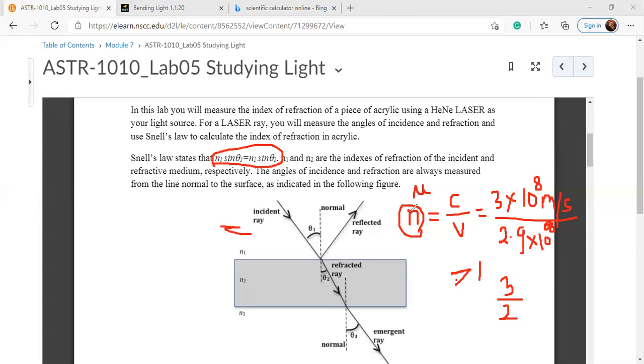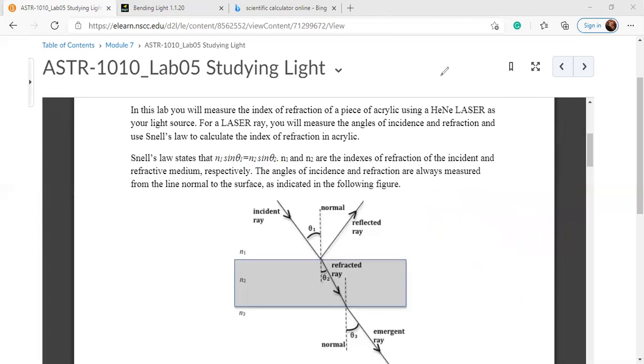Right now in this experiment, we have to deal with Snell's law. Snell discovered a very useful law, which is right here. Let me go back, grab a pencil and circle this law.